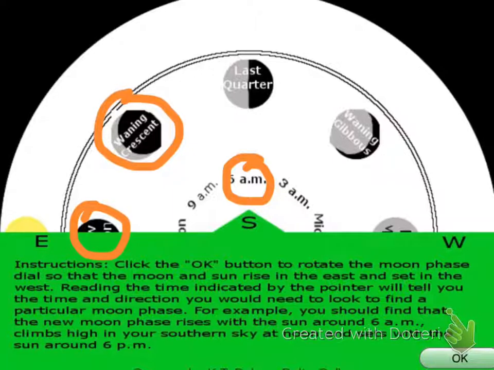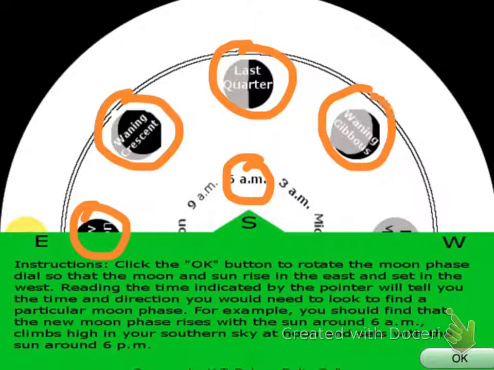At 6 a.m., sunrise, the last quarter moon phase would be viewed high in my southern sky. The waning gibbous phase, if the moon were in that phase, I would be able to see it in the southwestern sky at 6 a.m. And finally, the full moon would be setting in my western sky at 6 a.m. Full moon sets at sunrise. And so that's the way the thing operates.